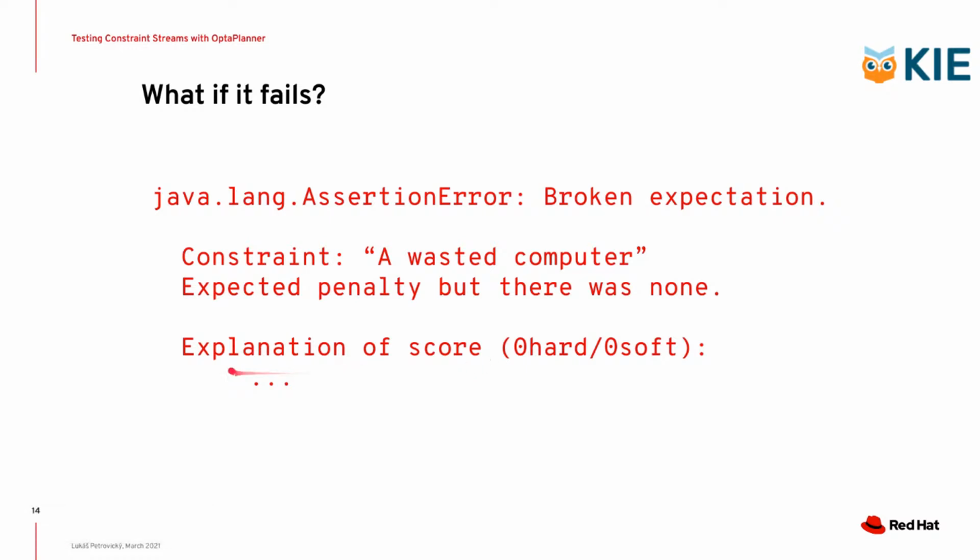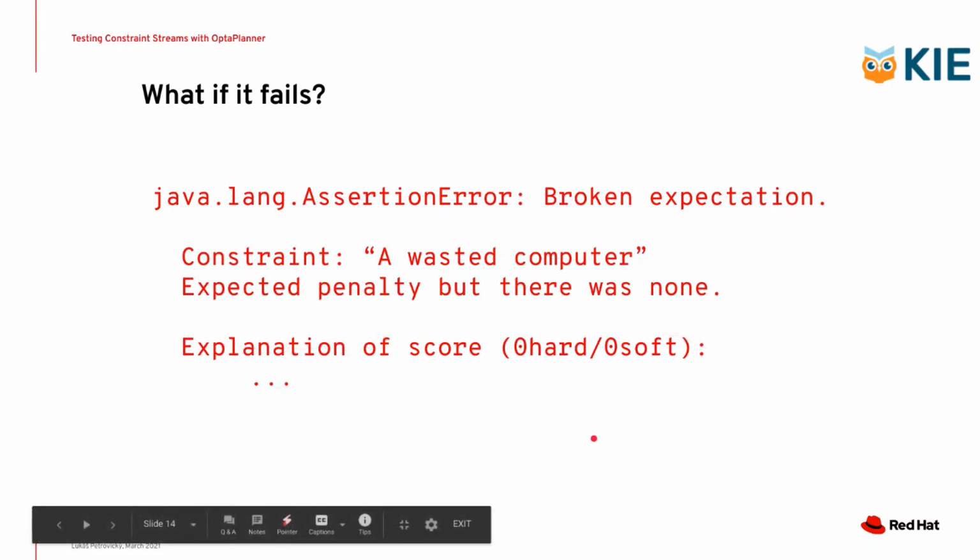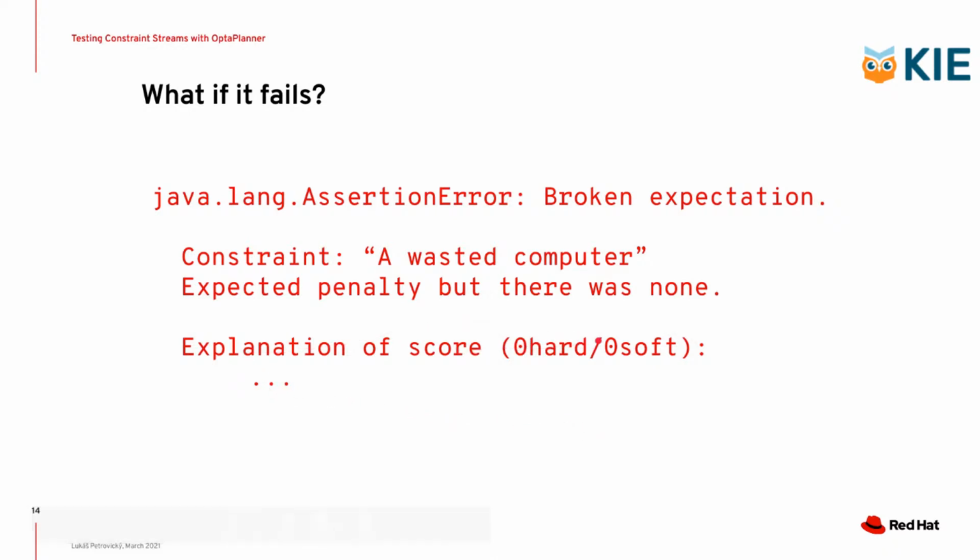But anyway, the final thing you can expect in the exception message is the explanation of the score. This time, however, there is no score, so there is no explanation. If there was an explanation, you would be able to see which objects, which justifications and indictments were actually in the working memory when it failed.